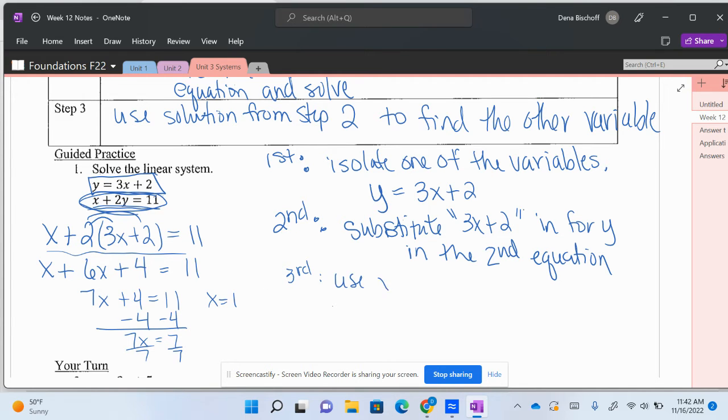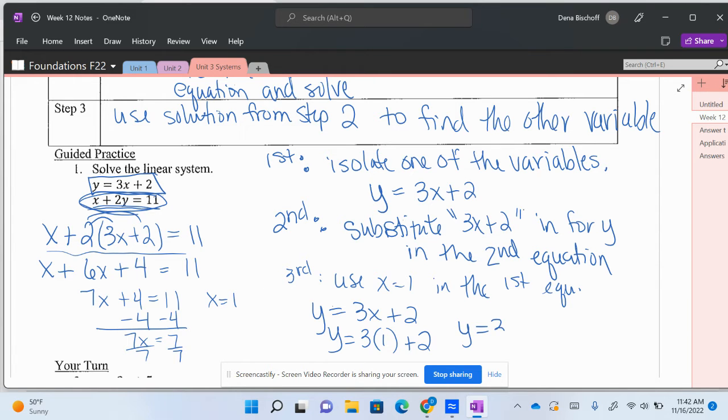So now the third step. You use x equals 1 in the first equation. So I'm going to go back to the first equation, y equals 3x plus 2. But instead of x, what am I putting in there? 1. Y equals 3 times 1 plus 2. But what is 3 times 1?